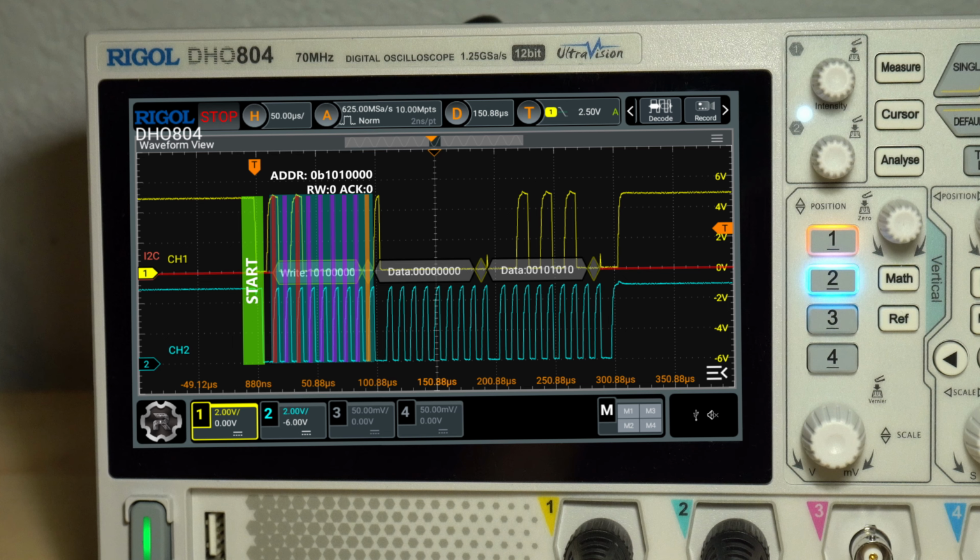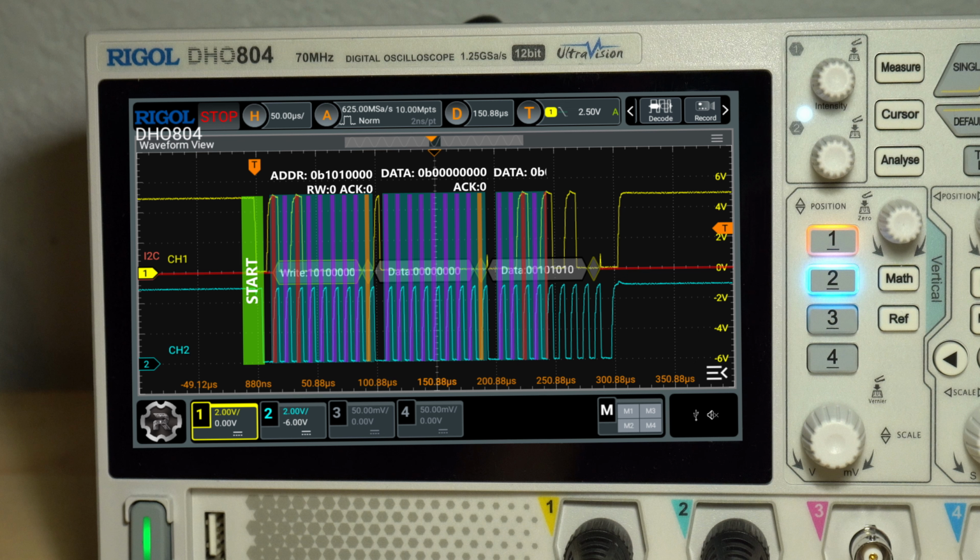This bit is low, meaning we are sending data to the EEPROM. Next comes the acknowledgement bit, which is also low, meaning the device has received our data. After that, we set register 00 to a value of 42, with our EEPROM acknowledging both of those changes. And finally, communication stops with both SCL and SDA returning to their normally high state.